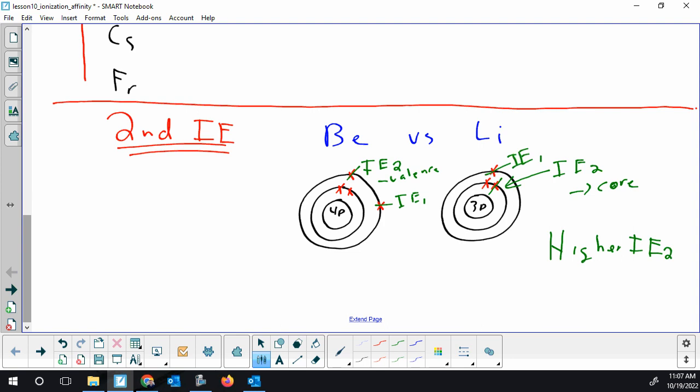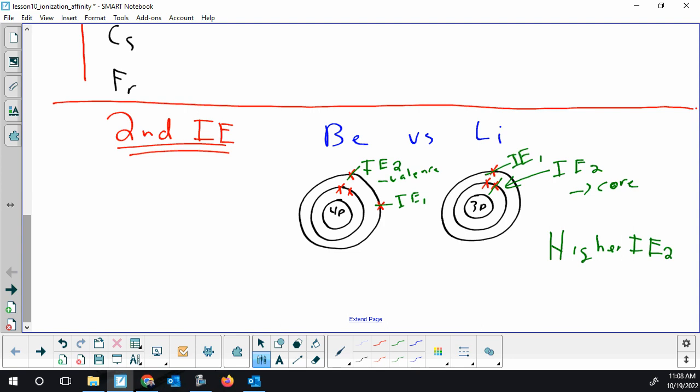We're looking at valence versus core. So you could see this type of question show up comparing IE2 versus 3 or 1 versus 2. If there's a core versus a valence removal, there'll be a big difference. If you look at questions, you'd want to look at how many valence electrons you are given in a question. 1 in lithium, 2 in beryllium. So that's ionization energy trends.